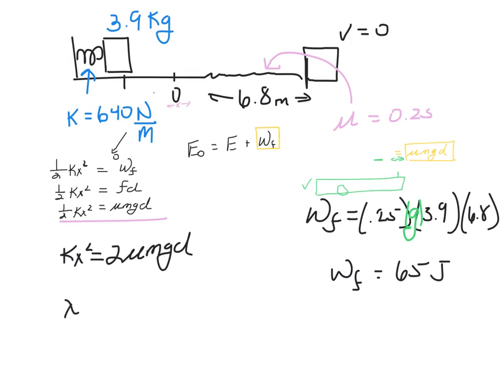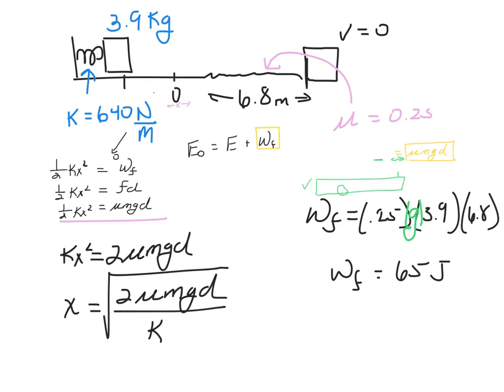Then we're going to divide by k. And then we have to square root everything. So now, if we plug in all those values, we will get 0.45 meters.